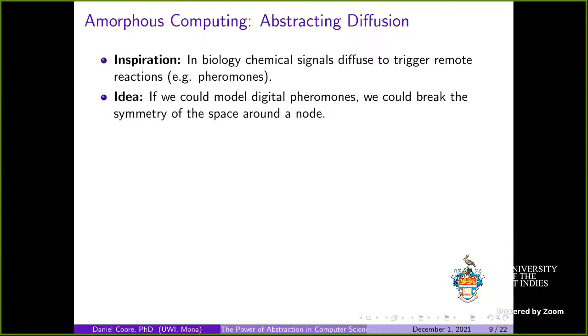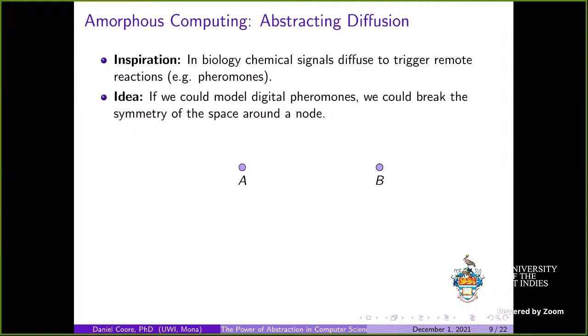That's not obvious if every direction looks the same. But the idea here is that with diffusion, if the diffusion could create a difference in concentration around a particular point, then that would be a way to break the symmetry.